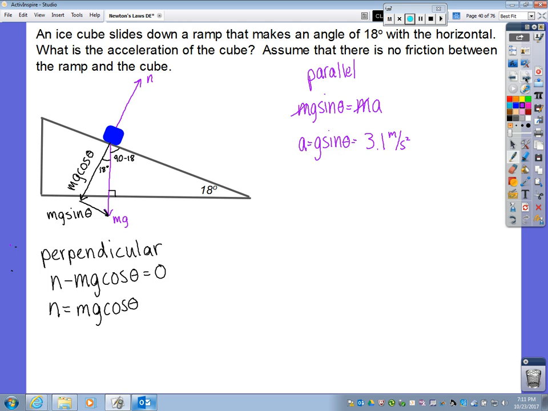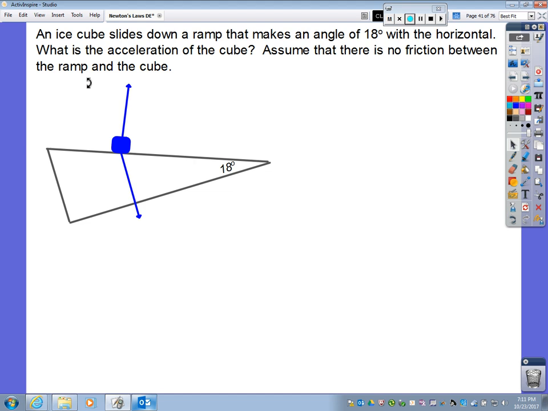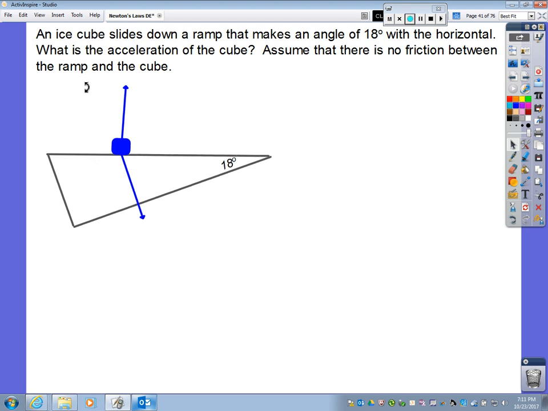There's another way to look at this. We could take this whole problem and turn it on its side. Well, sort of on its side. If I rotate the whole thing, you could just rotate your paper, it would look like this. The normal force is straight up, and mg is down and off to the side.